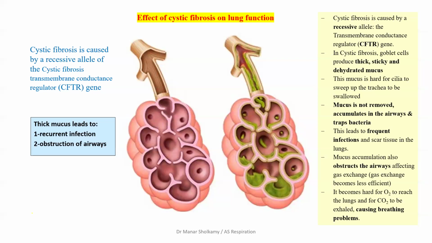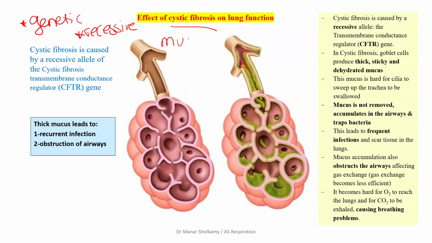Okay, now let's start with the first disease, cystic fibrosis. First, you need to know that it is a genetic disease. People are born with it. There is no definite treatment for cystic fibrosis. And it is the result of a recessive allele, in case you are interested to know. Now, in cystic fibrosis, what happens?